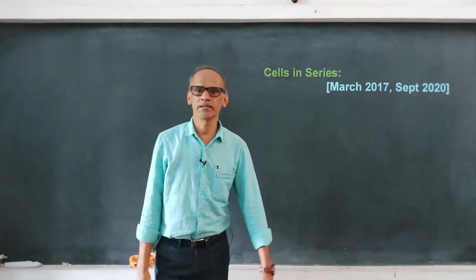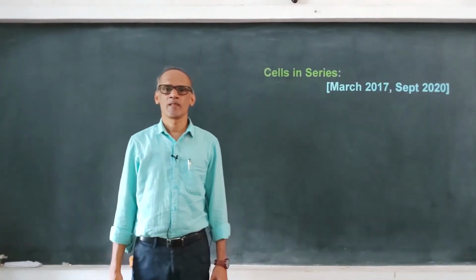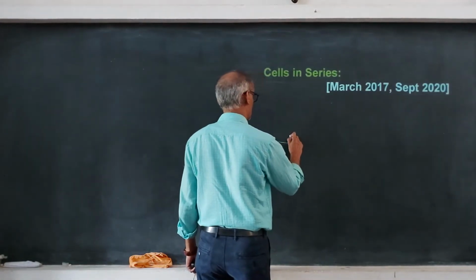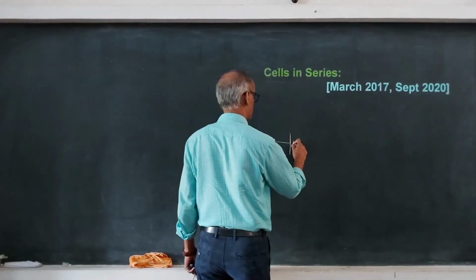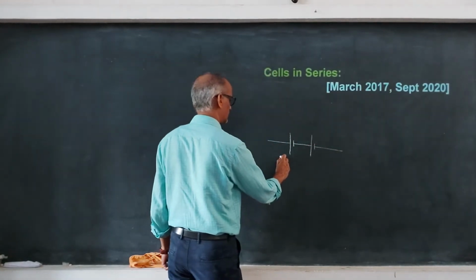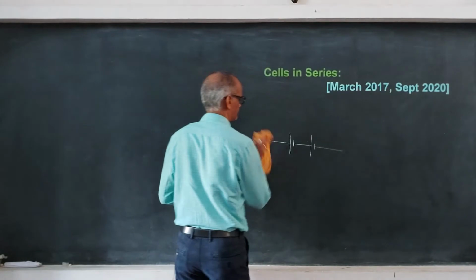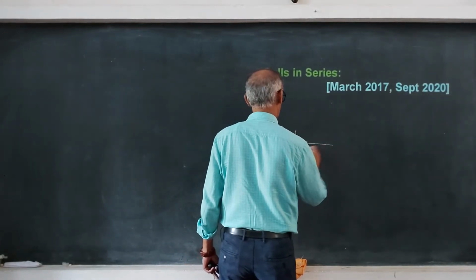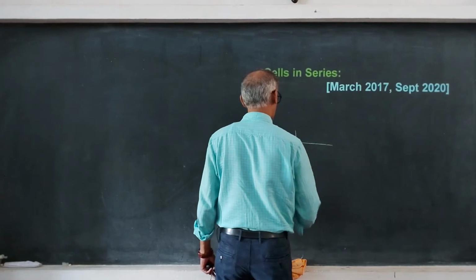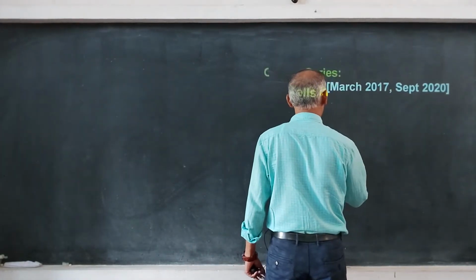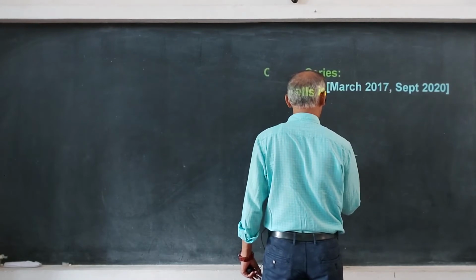We can connect any number of cells in series, but to analyze, I am going to connect only two cells. So, this is one cell, this is the other. The first cell has EMF E1 and internal resistance r1.